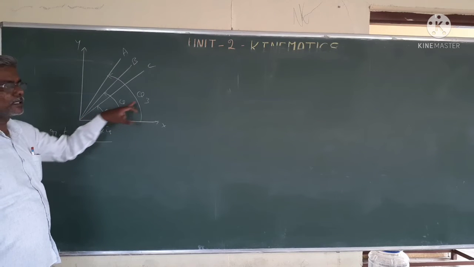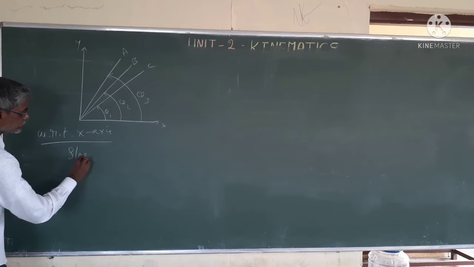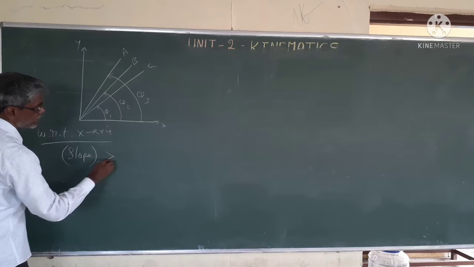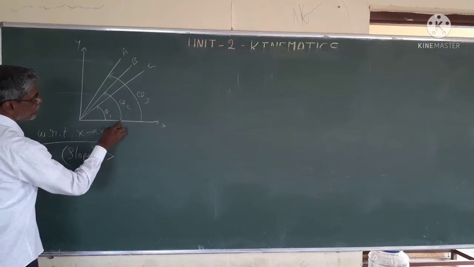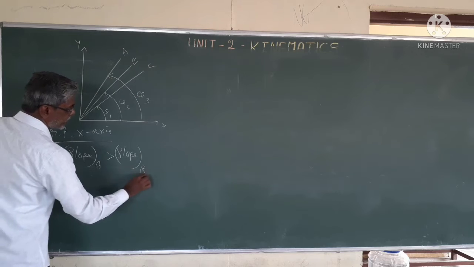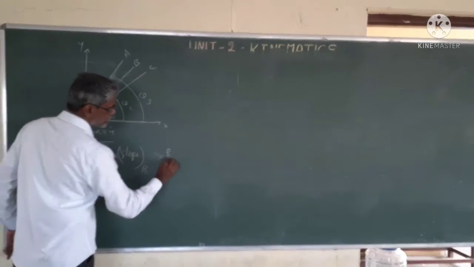Which angle is greater? Theta 3 is greater. So the slope of A is greater than this one, and the slope of B is greater than the slope of C.